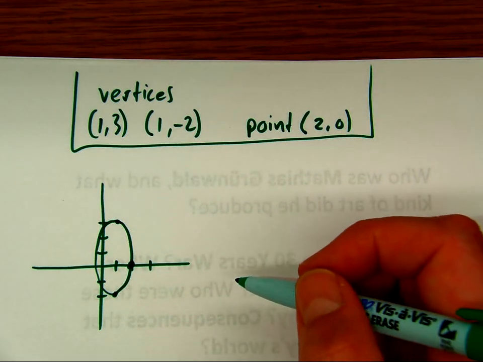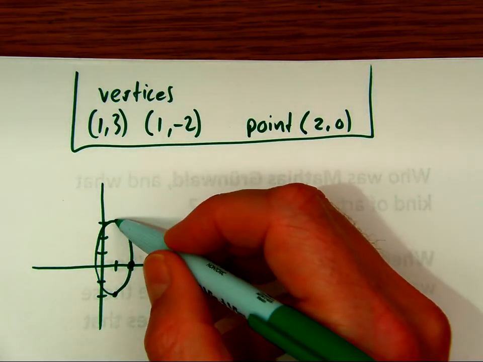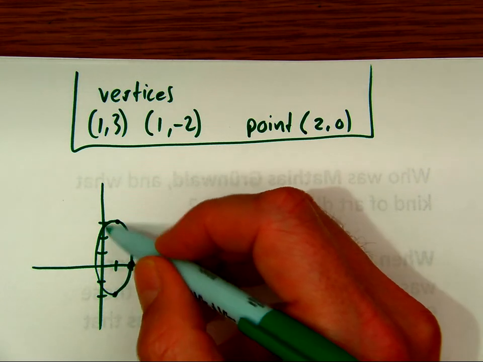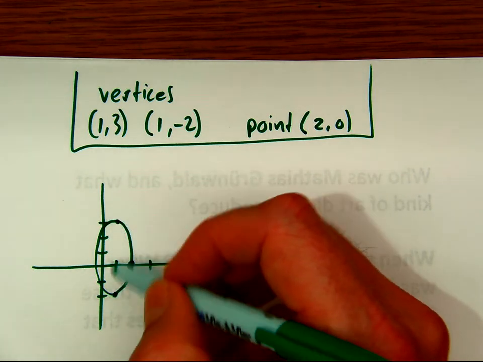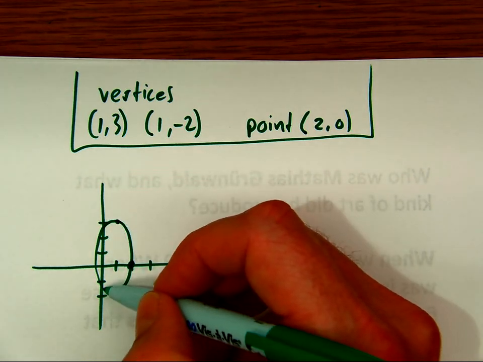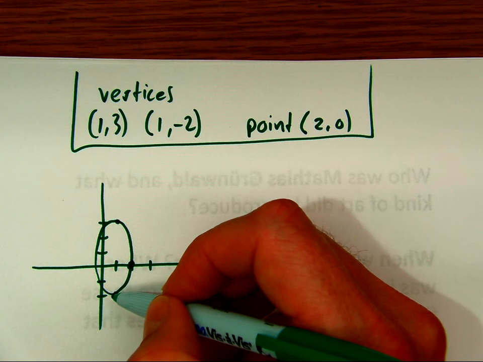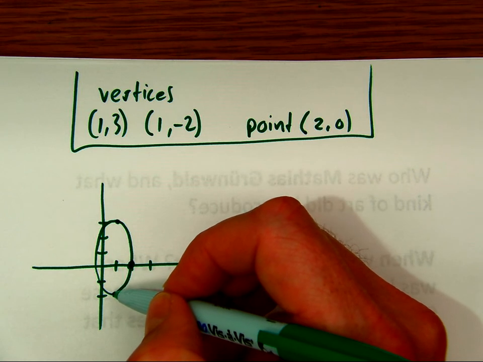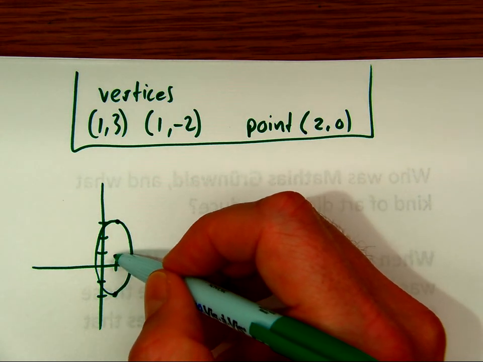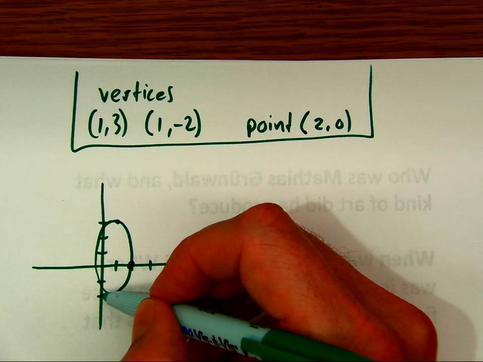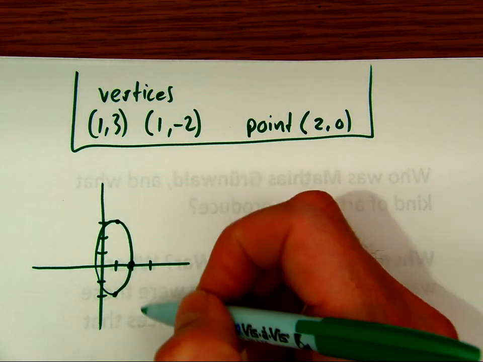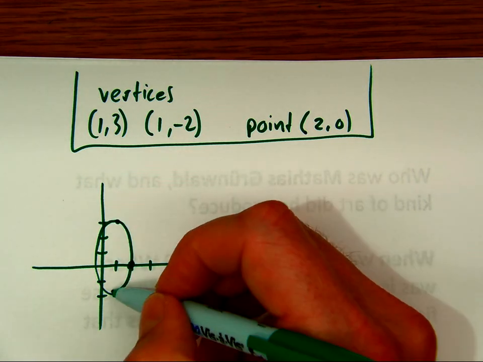And we can find the center. If it goes from -2 up to 3, we can look for the center. And the center will be at 0.5 here. If the total length is 1, 2, 3, 4, 5, we need to go up 2.5.